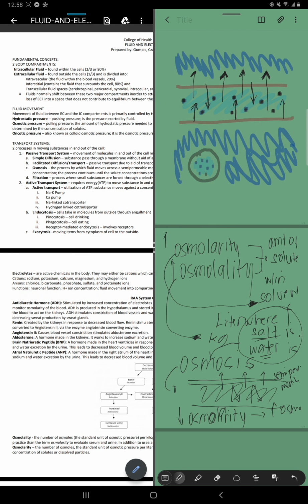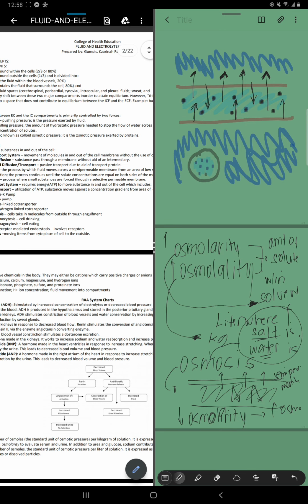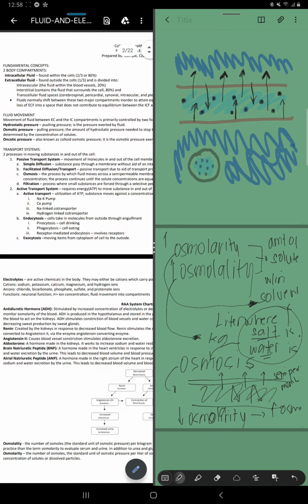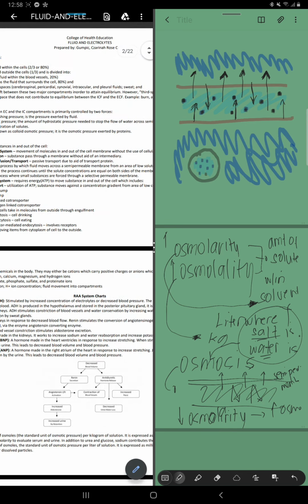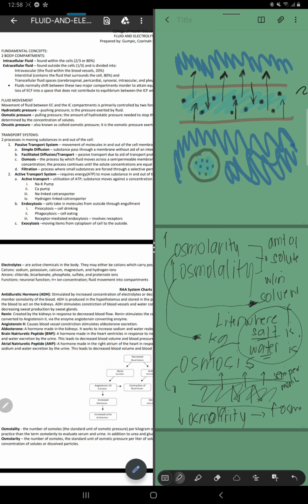Your oncotic pressure, on the other hand, is a type of osmotic pressure known as your colloid osmotic pressure that will now refer to the pressure or osmotic pressure exerted by proteins, specifically the albumin, if we're talking about the intravascular space. So in this case, I will show you again an illustration.